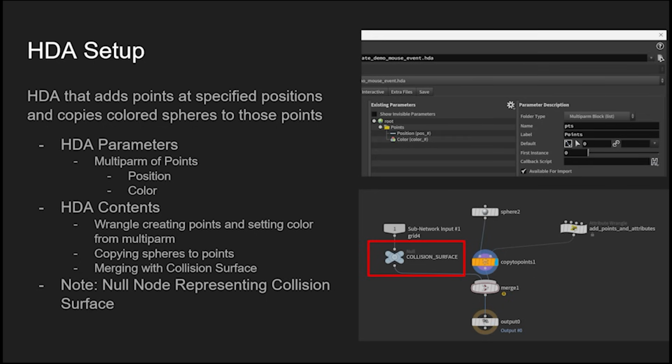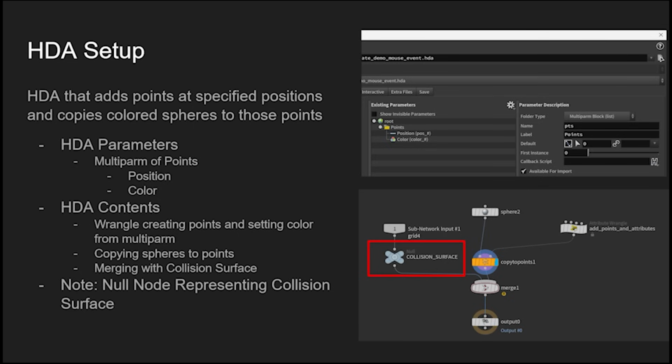As far as our HDA goes, the contents of the HDA tied to the state are pretty simple. I have a multi-parm that is going to represent our points. Each instance of the multi-parm will have a position value and a color value tied to it. So we'll have position 1, color 1, position 2, color 2, so on and so forth, with each pair representing an individual sphere.